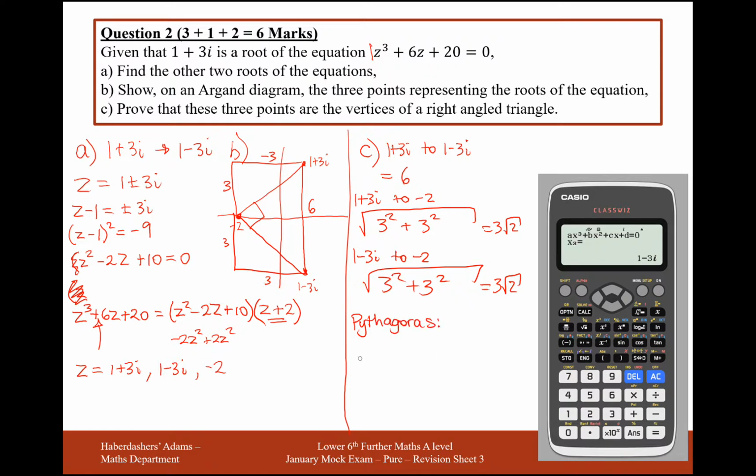So Pythagoras check, let's do 3 root 2 squared add 3 root 2 squared, and that will give you the square root of 9 times 2, that's 18, add another 18, that's 36, the square root of 36 is 6, which is exactly what we wanted for our longest side on our right angle triangle there. So that's how you prove that. 6 marks.